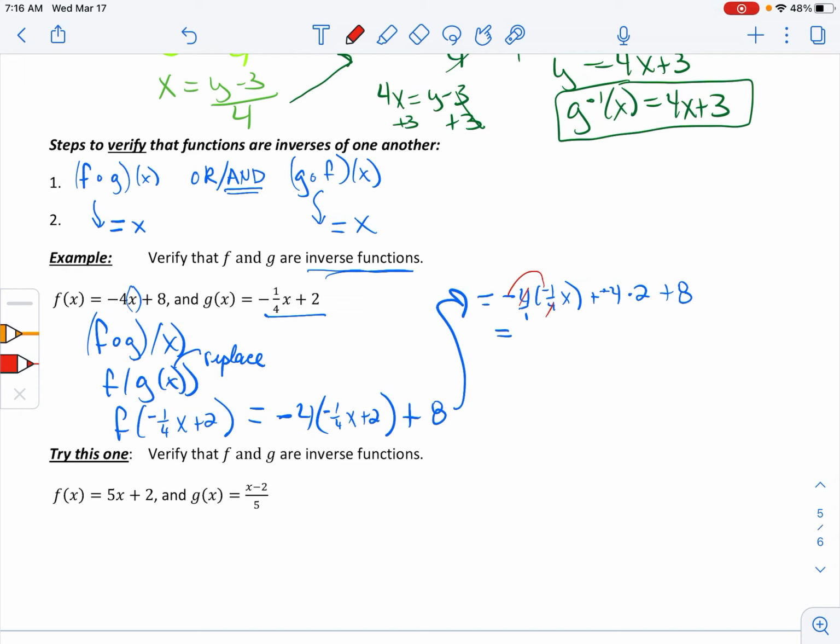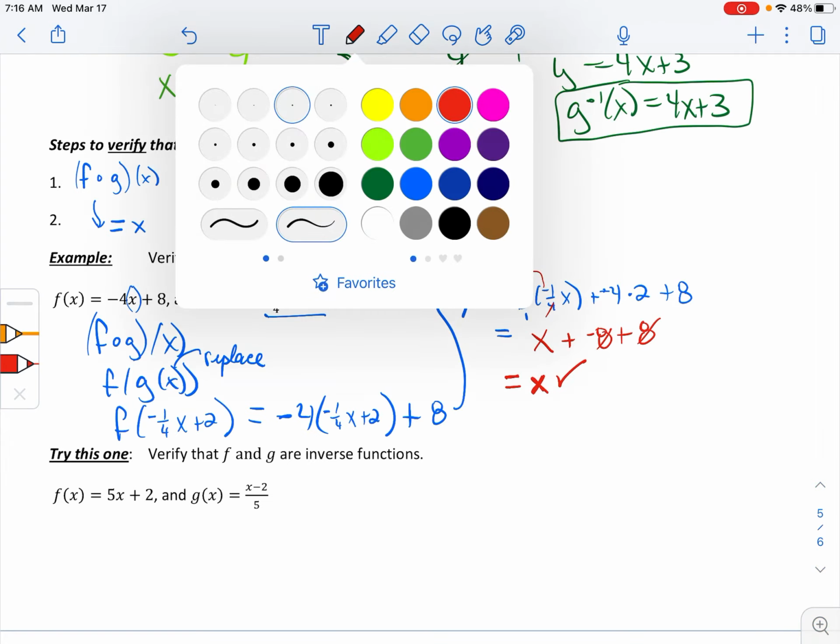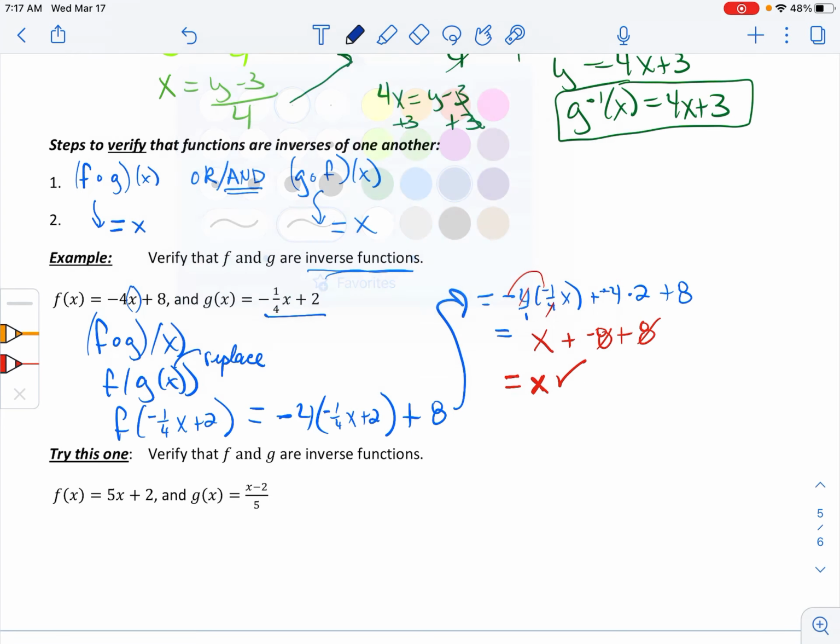This 4 and this 4 cancel. So I have an x plus negative 8 plus positive 8. Those two cancel each other off. So I do, in fact, have x. When you do a composition of functions, one way or the other way, and you get the answer x, that means they are inverses.